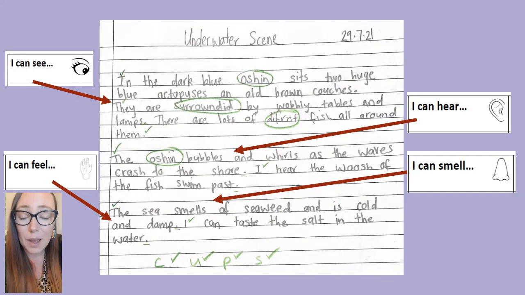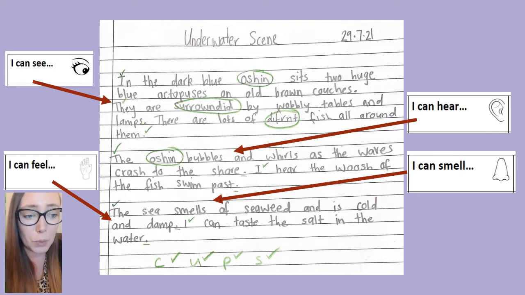Here is an example from our last setting description. Underwater scene, and then the date is there written at the top. In the dark blue ocean sits two huge blue octopuses on old brown couches. They are surrounded by wobbly tables and lamps. There are lots of different fish all around them. Now see, that tells you what you can see at that place.